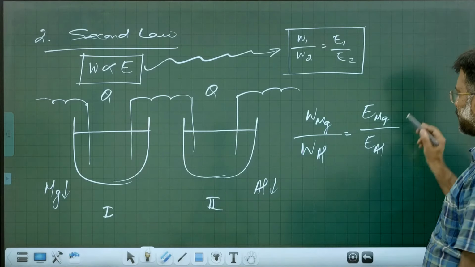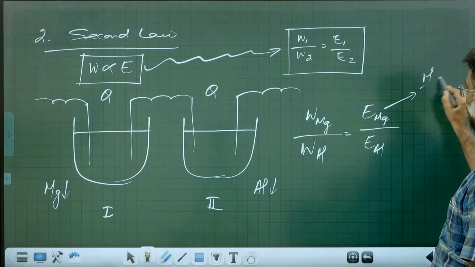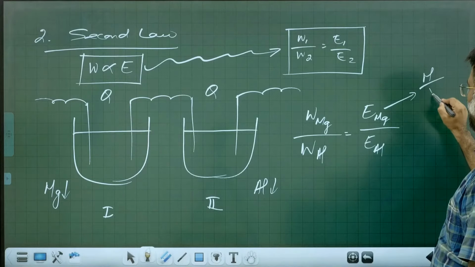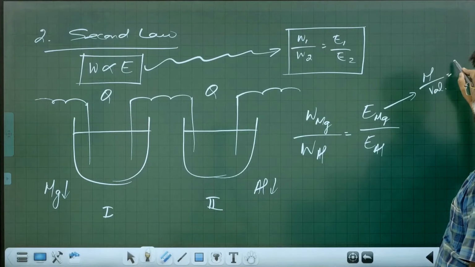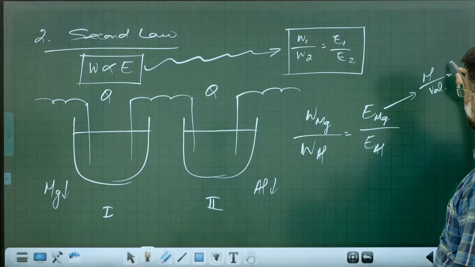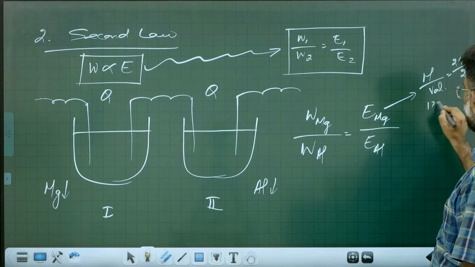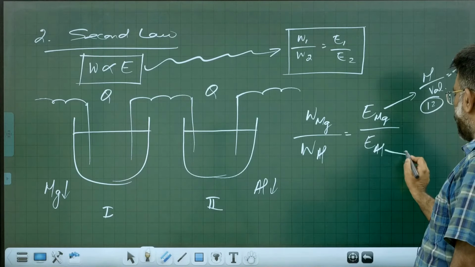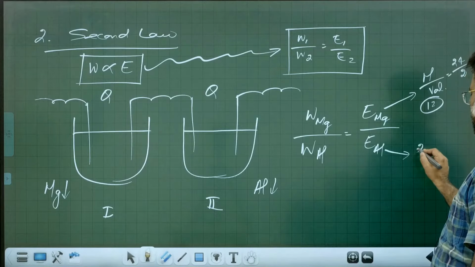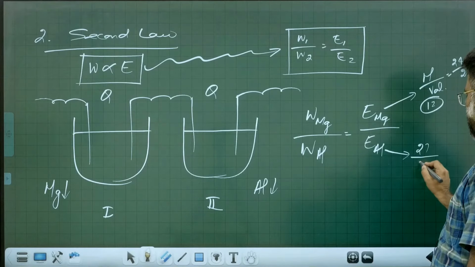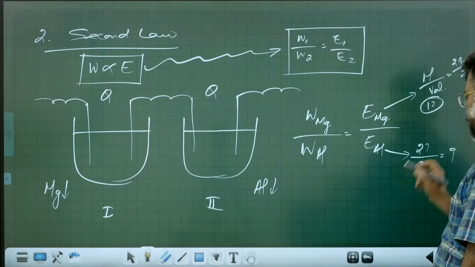What is equivalent mass of magnesium? It is molar mass by valency. Molar mass of magnesium 24 divided by valency 2, it will be 12 grams. In case of aluminum, the molar mass 27 divided by valency 3 is 9.